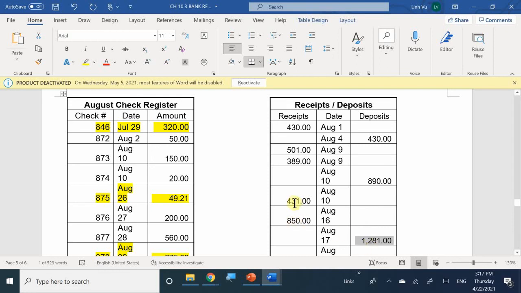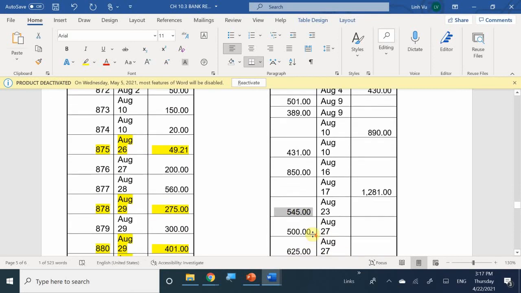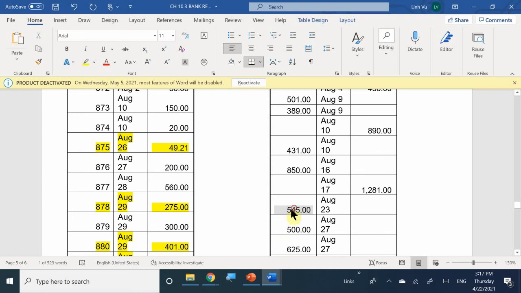So this is how we do it, right? We collected all the money, and then on the 17th, we deposited the 1281. Is that true? Yes. And then here's your 545. So we have all three deposits right here.